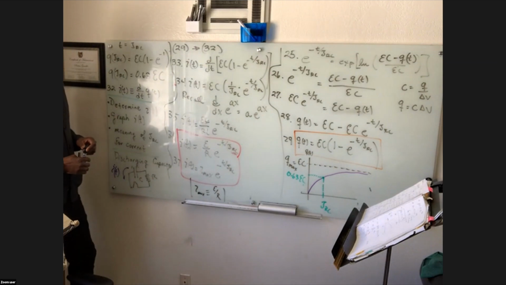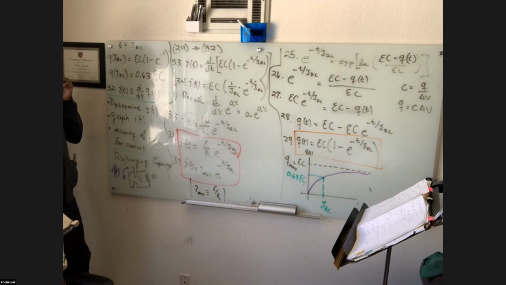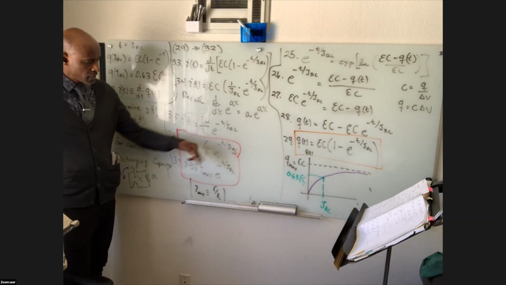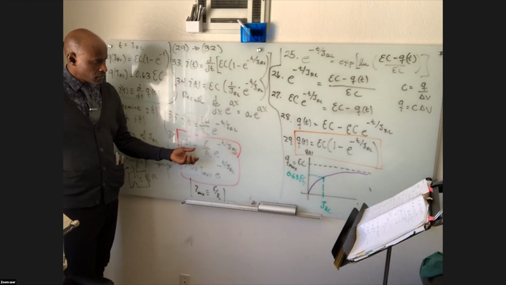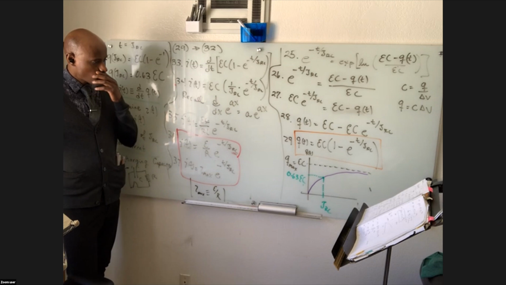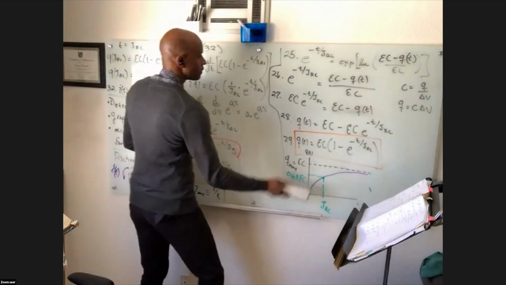And if you graph that at t equals 0, so if you put t equals 0 in here, you're going to get the maximum current, right?